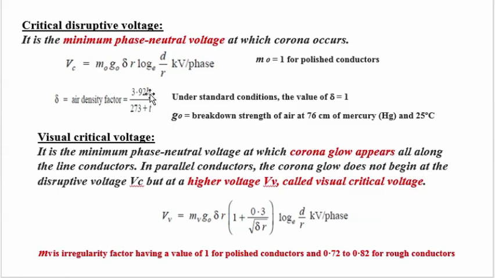Here b is the barometric pressure, which is equal to 760 millimeter of Hg or 76 centimeter of Hg, and small t is the room temperature, or 25 degrees centigrade. At standard pressure and room temperature, which is 76 centimeter of Hg and 25 degrees centigrade, the value of sigma will be 1.